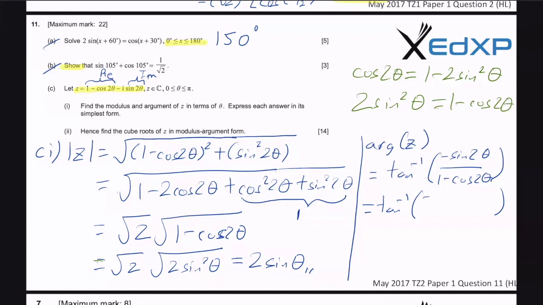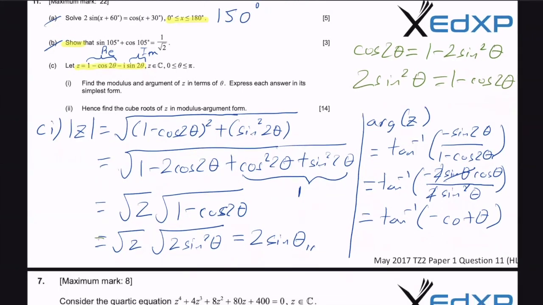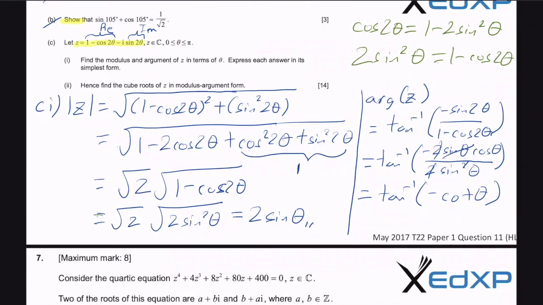So we have minus 2 sine theta cos theta divided by 2 sine squared theta. Double angle formula. Can we cancel out sine theta? Yes, we can. 2 and 2 is gone as well. So we have arctangent of negative cot theta. Very interesting. We want to find the argument of Z, which will be the negative arctangent.